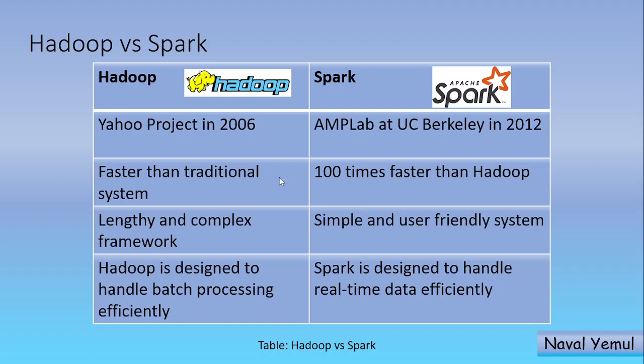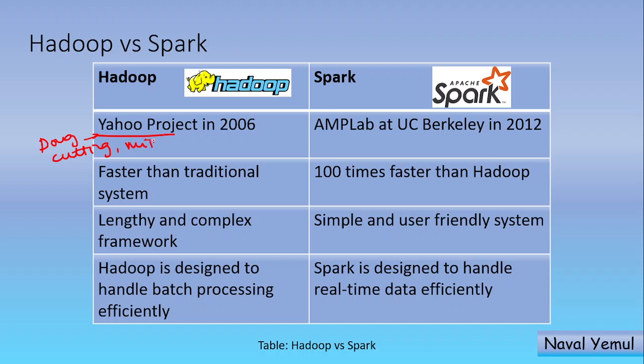If you look at the history of Hadoop, they implemented the research papers published by Google, but it was actually a Yahoo project. I have told you about a few computer scientists who worked on this project, Doug Cutting and Mike.